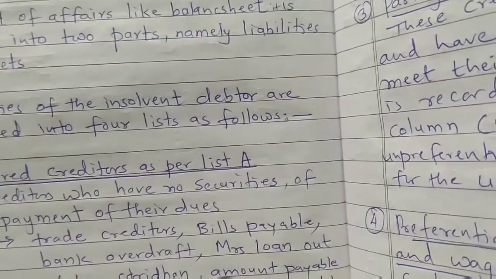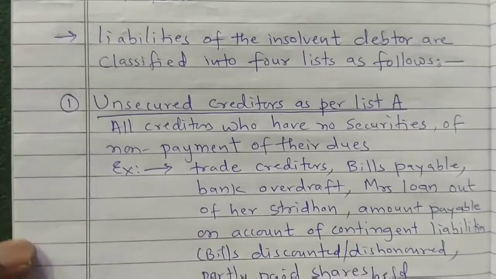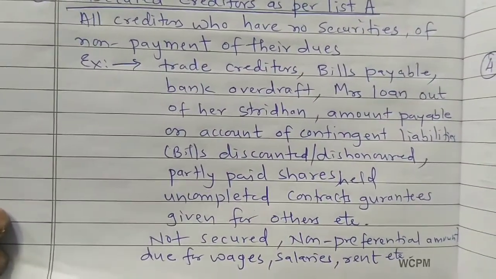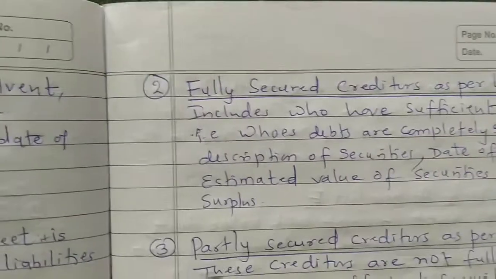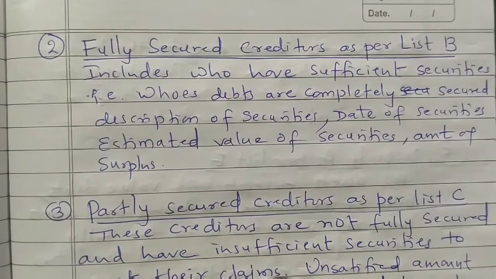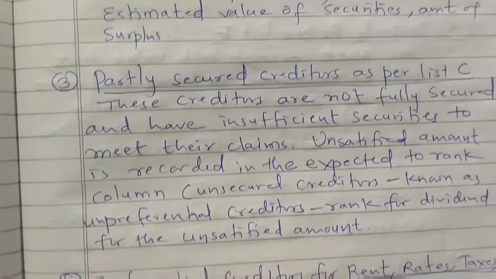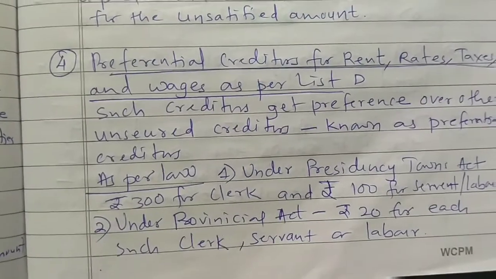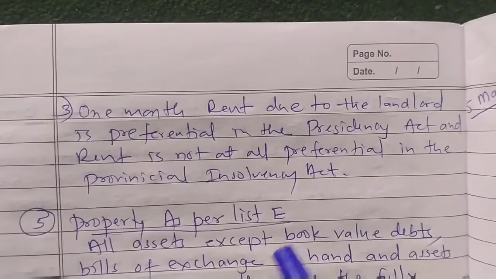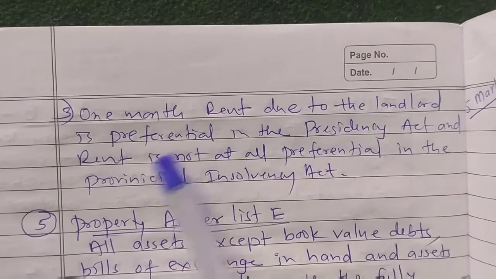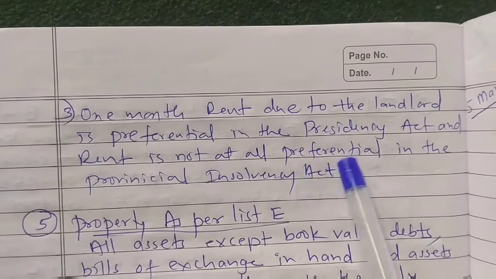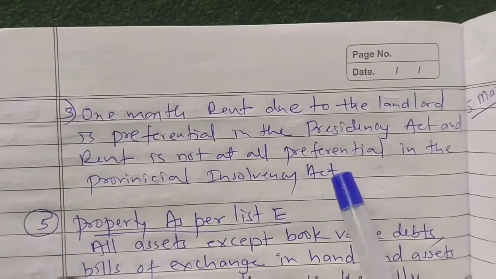So now let's see once again these unsecured creditors. In list D, one month's rent due to the landlord is preferential in the Presidency Act, and rent is not at all preferential in the Provincial Insolvency Act.